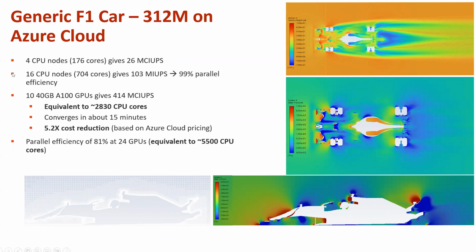But what happens when you swap out these CPU nodes with GPUs? So by using 10 A100 GPUs, you'll get 414 MCI UPS. I mean, that is impressive, right? That is almost equivalent to 2,830 CPU cores. And this entire problem, a 312 million mesh, converges in about 15 minutes. So that's huge. And if you're looking at just cost saving, right?